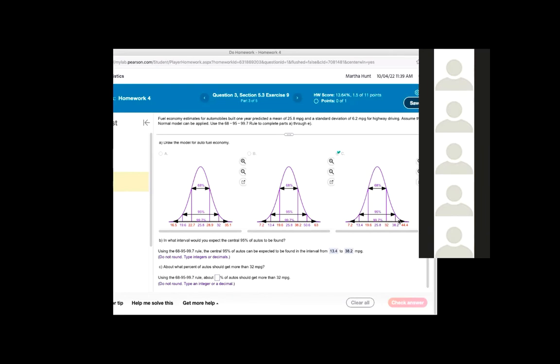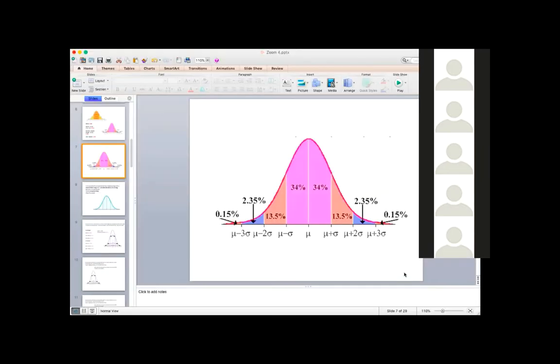Okay, the more than 32, there's a couple of ways we could do this. We could think about it, or we could refer to our cheat sheet, or I can use this.